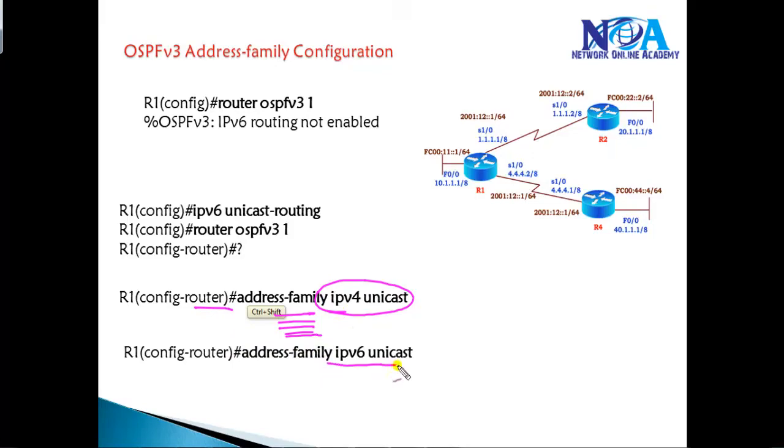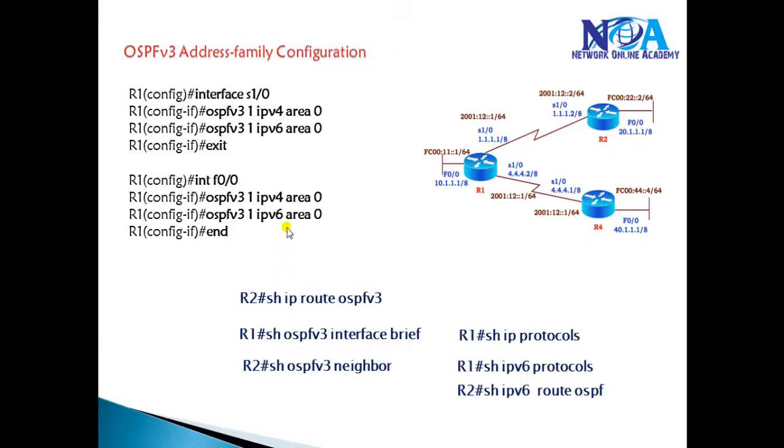Same thing for IP version 6: we need to get into address-family ipv6. And then there are the advertisements. We don't have any network commands here. Instead of network commands, we just need to go to the interface and enable the protocol under the interface. If you want to enable IP version 4, we have to give this command.